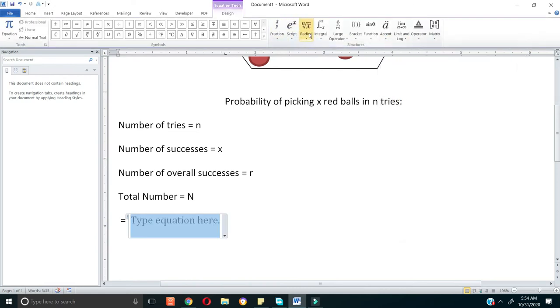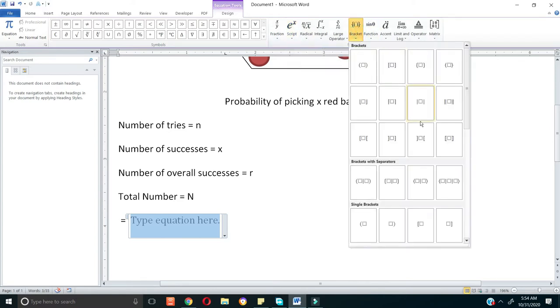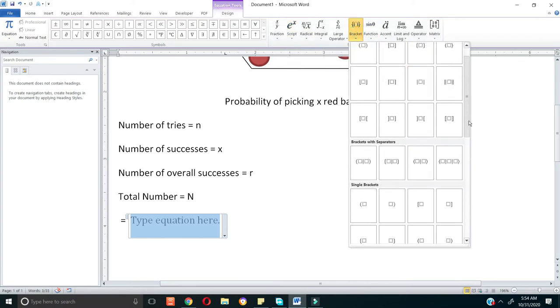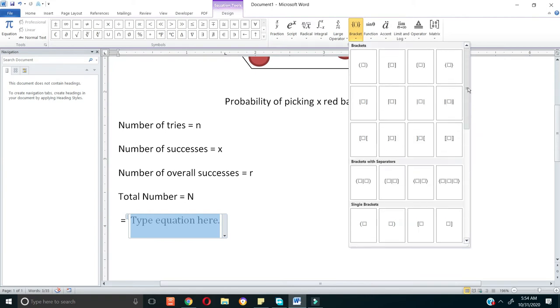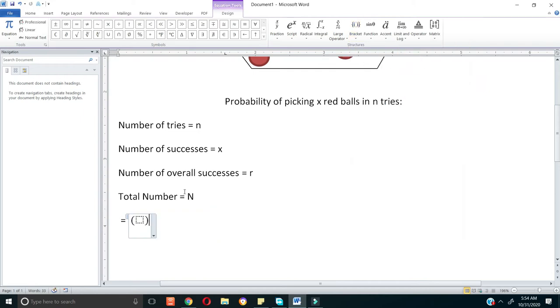I want a bracket, yeah. So I want one of these. So we want to see how many different ways can you pick x red balls. We have R red balls total, but we want to see how many different ways can you pick x red balls from R red balls. So that is this combination.